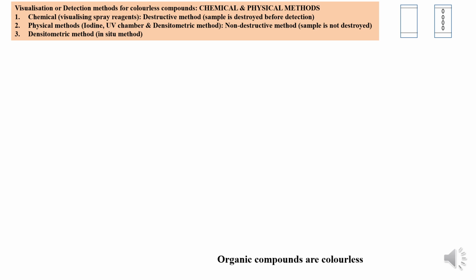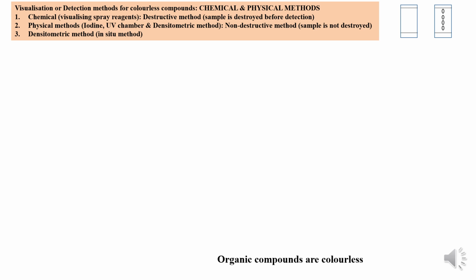Now the chemical method involves the usage of spray reagents, and the chemical method is a destructive method as the sample is destroyed before detection of the separated components.